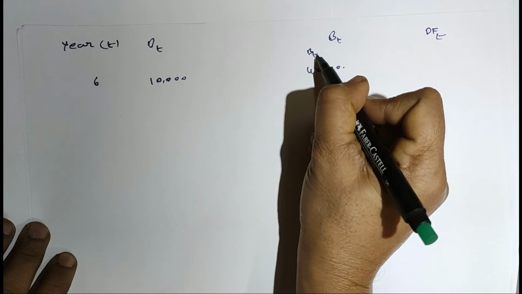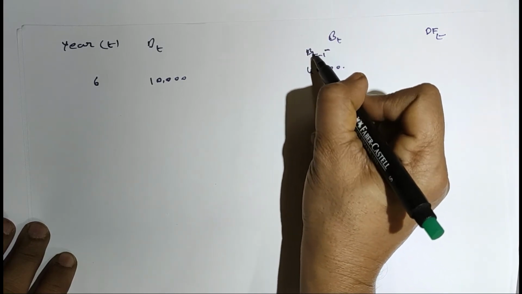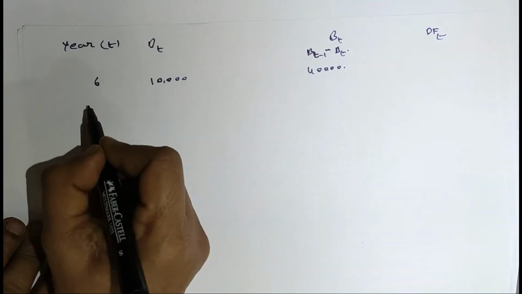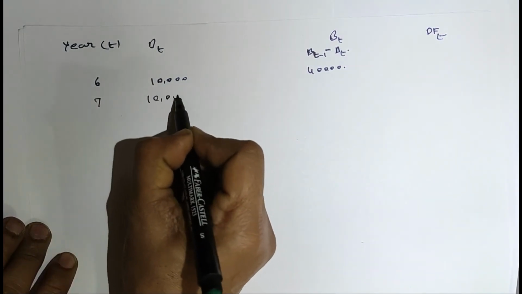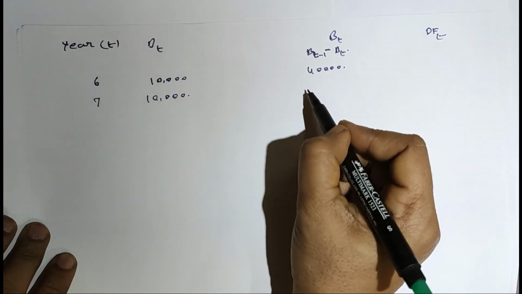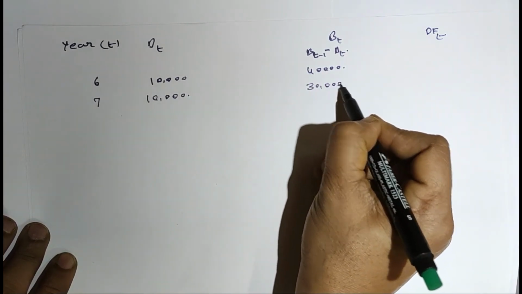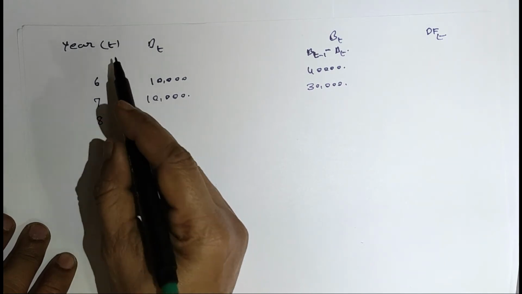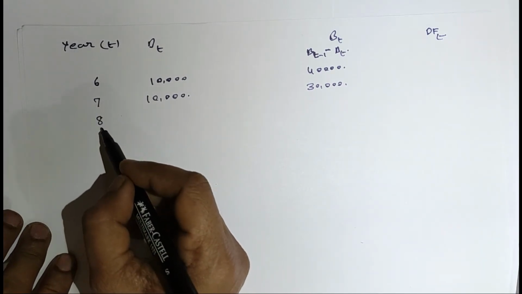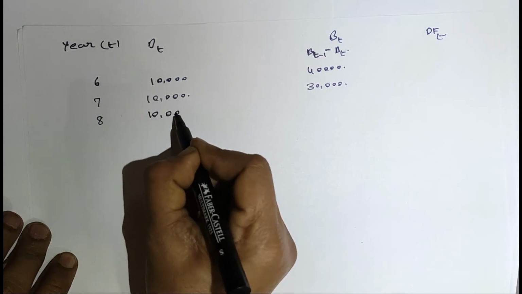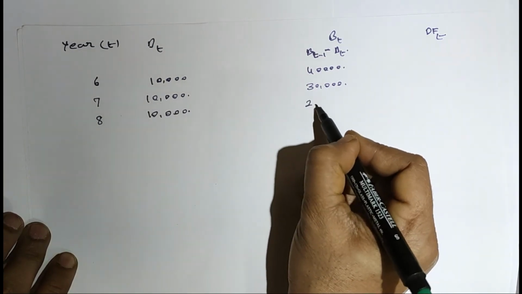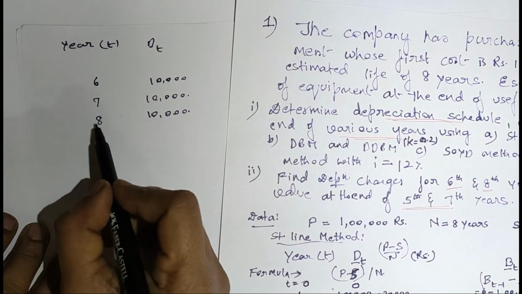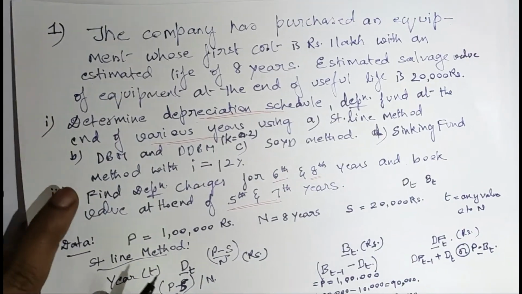So previous book value minus depreciation charges. 7th year, 10,000. 40 minus 10, 30,000. 8th year, the last year, because N is 8, the T value can go from 0 to 8, not more than that. So 10,000, 30 minus 10, 20,000. We will stop here because we reached the N value.